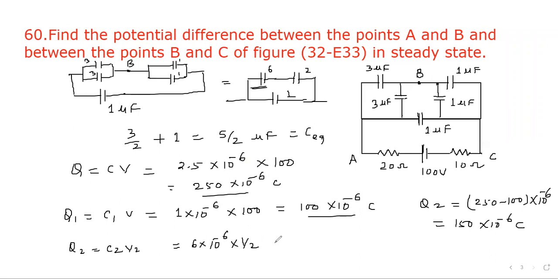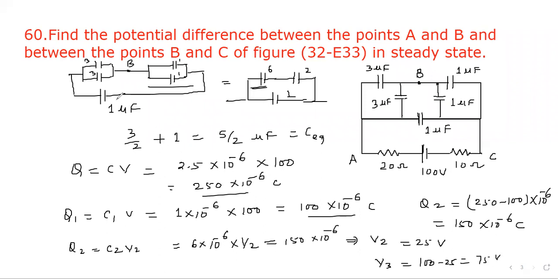So V2 is to be found, which is equal to Q2, and Q2 is 150 into 10 to the power minus 6. So from here, we get the voltage across this 6, combining the result, equal to 25 volt. Now, since the total voltage applied is 100 volt, the voltage across this, suppose this is V3, becomes 100 minus 25, that is 75 volt.